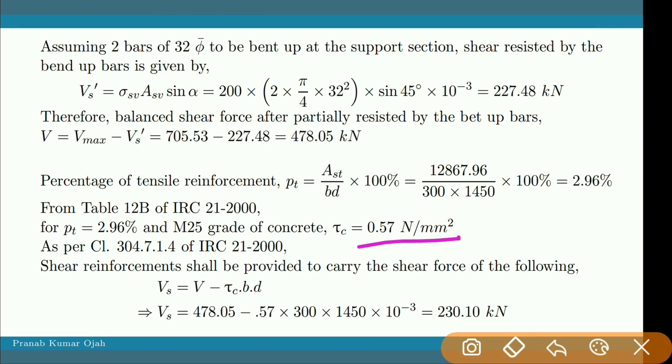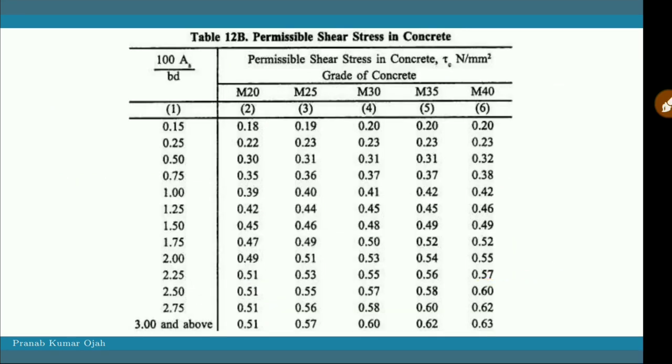As per clause 304.7.1.4 of IRC 21/2000, the shear reinforcement shall be provided to carry the following shear force: Vs equals V minus tau C bd. So 478 minus 0.57 into 300, which is b, and 1450 is the effective depth, into 10 to the power minus 3 to make it kilonewton. Finally it comes out as 230.10 kilonewton. For this much shear force, we have to design shear reinforcement.